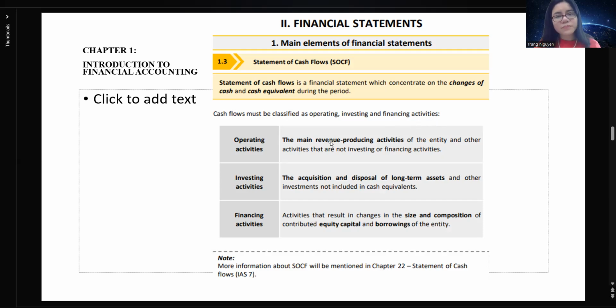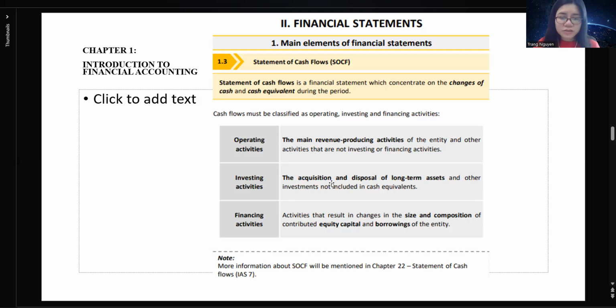We will come to each point to get the definition. Operating activities are the main revenue-producing activities of the entity and the other activities that are not investing or financing activities. And how about investing activities?